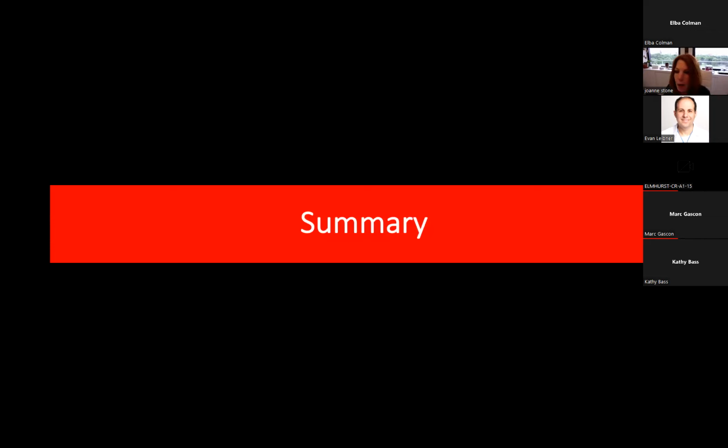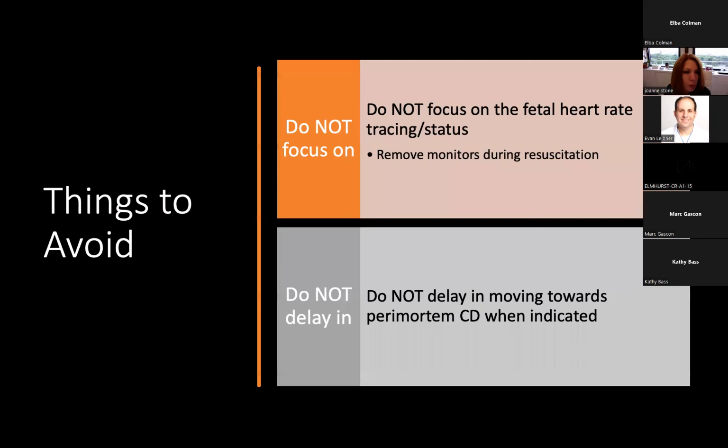So just to summarize, and I guess I'm ending a little bit earlier than I thought, but always good to give people time back. So things to avoid, remember, don't focus on the fetal heart rate tracing, and certainly if you're in an arrest and the OB is there looking at the tracing, just remind them we don't concentrate on that, and remove the monitors during the resuscitation.